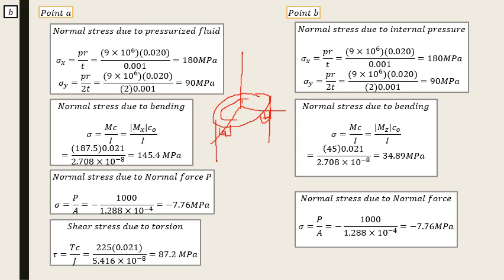This is a thin wall tank filled with 9 MPa fluid.